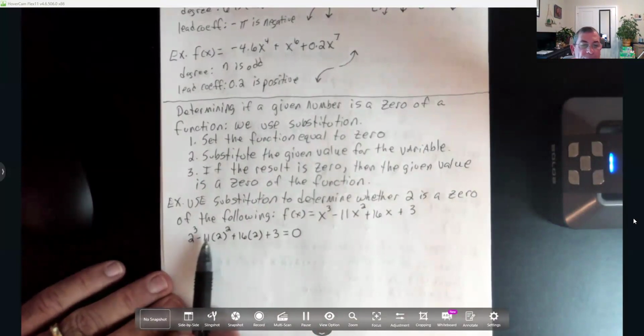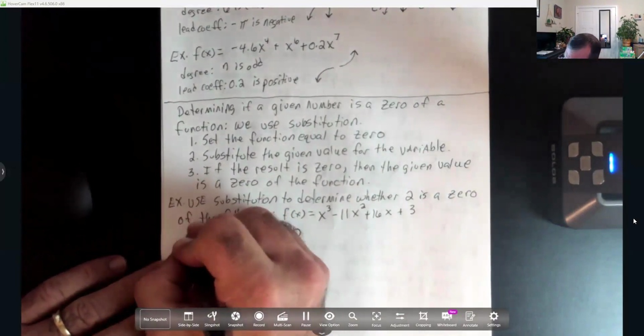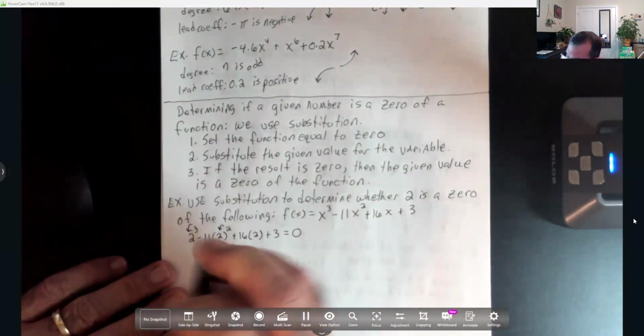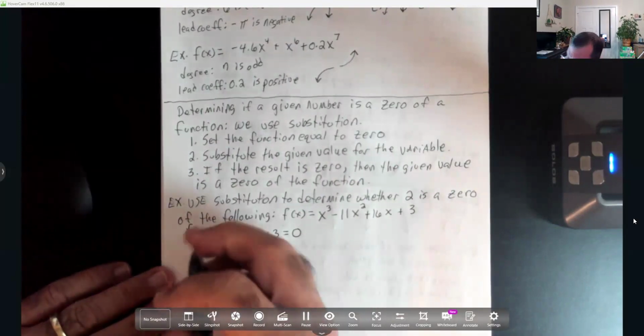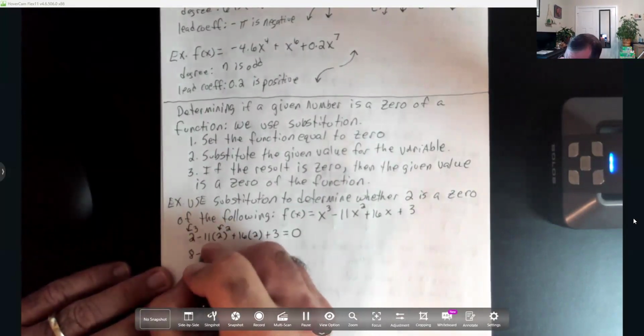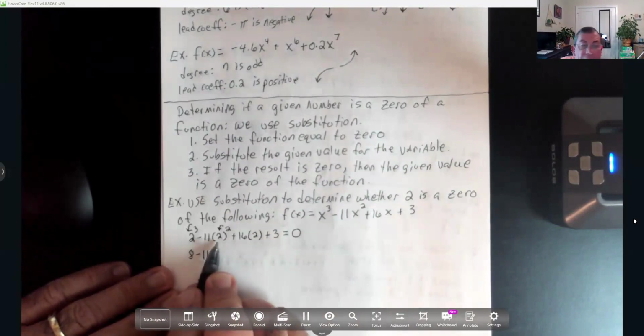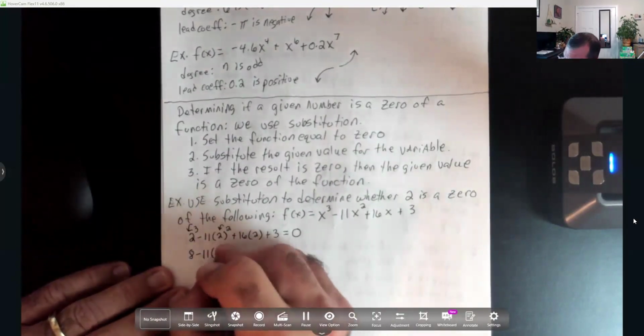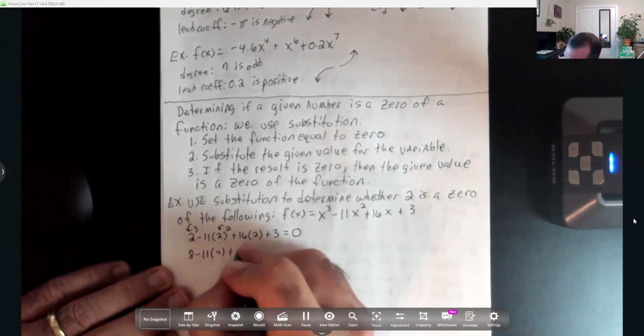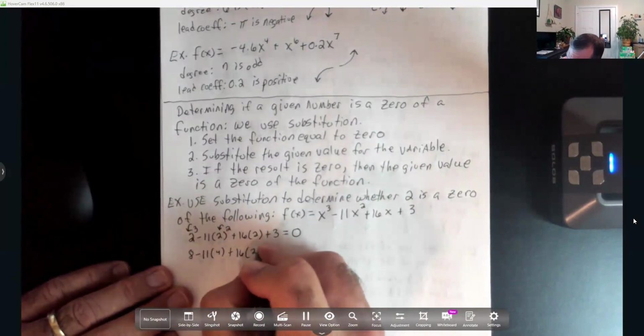So y'all, let me just start out. I'm just going to do the exponents first. So 2 times 2 times 2 is 8, minus 11 times 2 times 2, which is 4. And y'all, I'm just bringing everything else down.